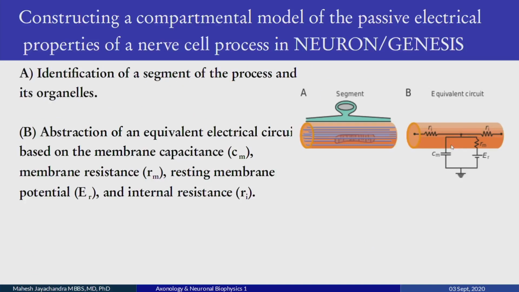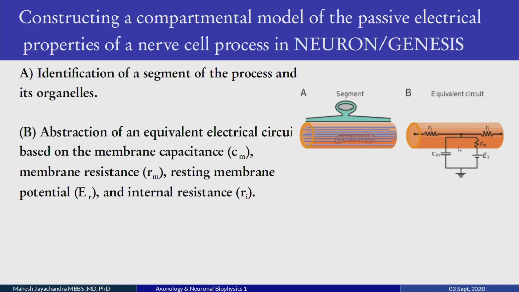How do you construct a compartment model of the passive electrical properties of a nerve cell, either a neuron or glia? So there are discrete steps. The first step is you identify which part of the axon you want to model, which is the segment, what's in there. Based on this, you abstract this into an electrical equivalent circuit.